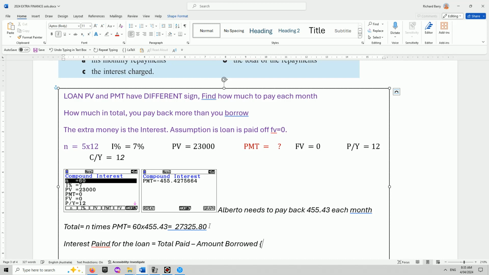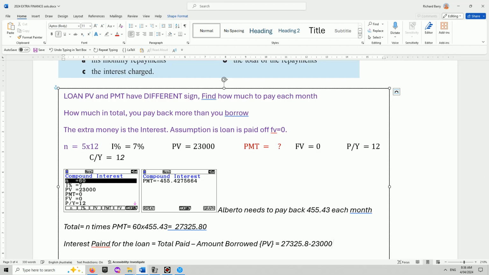That's PV. In this question, that is 27325.8 subtract 23,000.